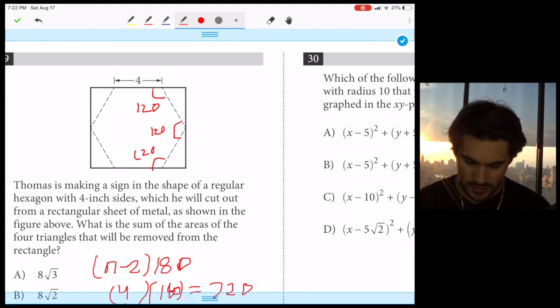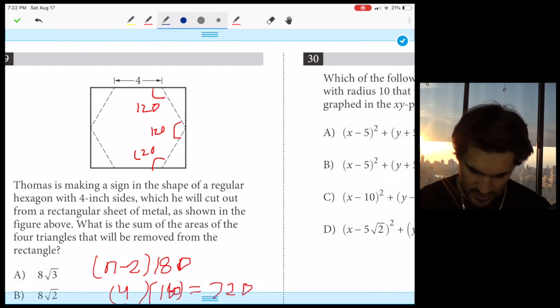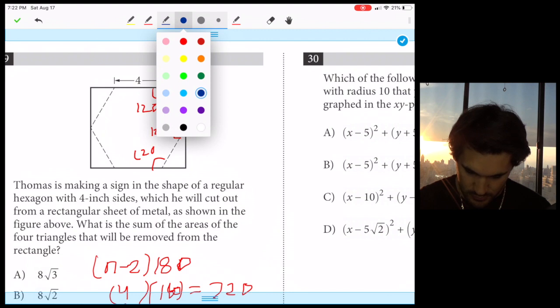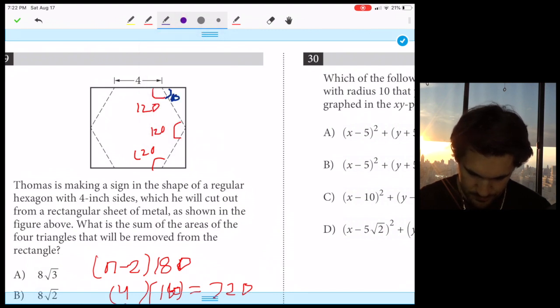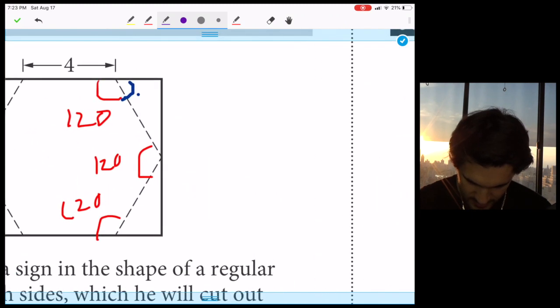So if these are 120, we know that the angle, for example, the blue angle, will have to be 60. And therefore, we'll also know that this other angle, let me make that clearer, that'll have to be, let's see, 60.